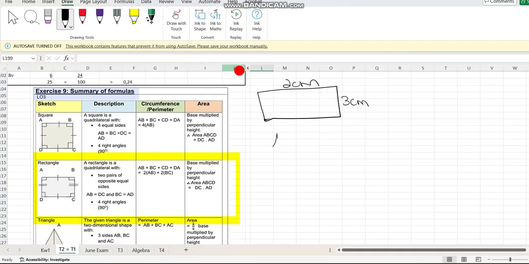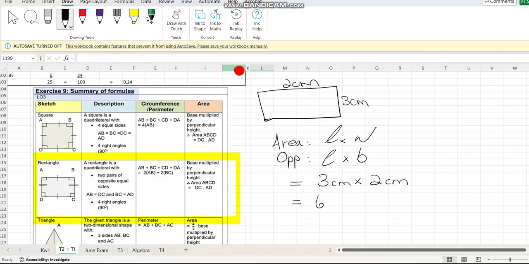To work out the area for this, in Afrikaans oppervlak, you will need to say length times width. Lengte maal breedte. Okay, now once you did that, length, give me 3 centimeters times 2 centimeters.